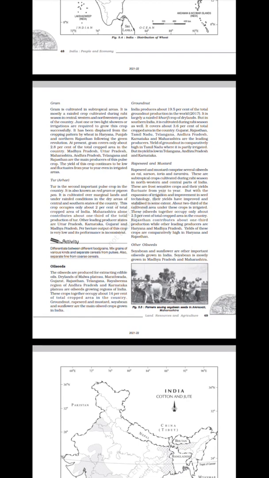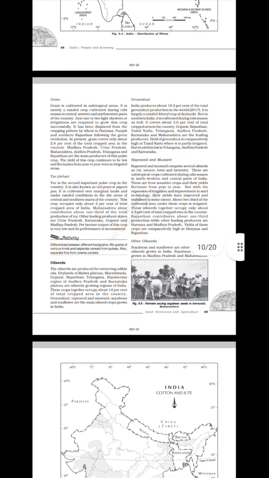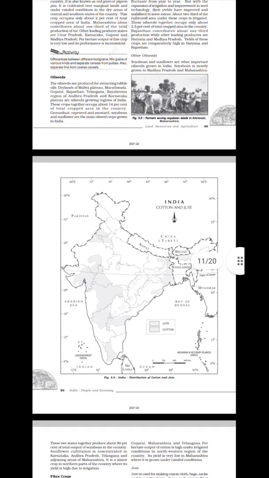Take a look at figure 5.5. Farmers sowing soybean seeds in Amravati, Maharashtra. Take a look at figure 5.6, India distribution of cotton and jute.